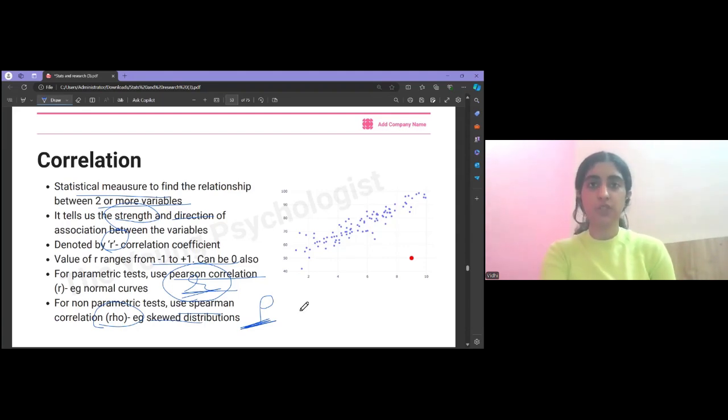If you want to know how a skewed distribution looks, it would look something like this, where the data is not evenly distributed like a normal probability curve. In the first case that you see, the data is normally distributed, and that is a case of parametric where we will use Pearson correlation.